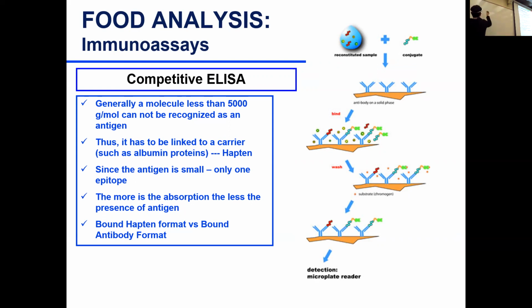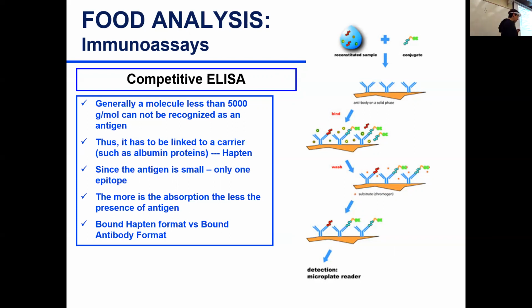The entire molecule is bound to your antibody, so there are no other epitopes. So you cannot have a sandwich ELISA because there are not multiple epitopes where one antibody is bound at one region and another one sandwiches it. So we cannot use sandwich ELISA for small molecules.